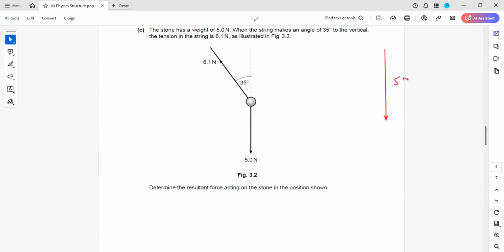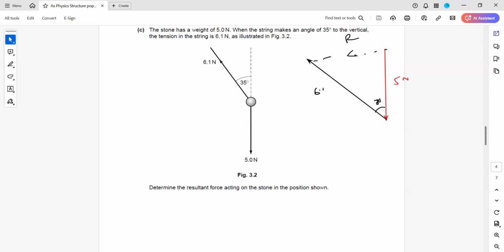Then, because the angle with the vertical is 35, you will measure the angle with the vertical 35 and draw 6.1. This angle should be 35. And from the tail of the first to the head of the last, that will be the resultant.